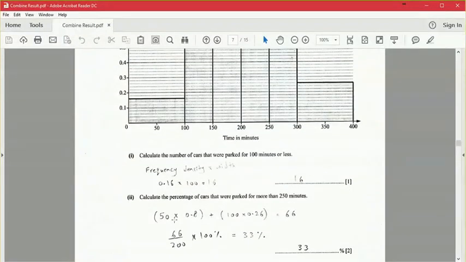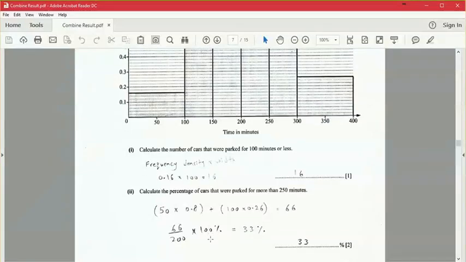So, 0.8 times 50, which is the width here from 250 to 300, plus 100, the width here from 300 to 400, times 0.26, which is the frequency density, gives us 66, and the percentage is 66 over the total number of cars, which is 200, times 100% equals 33.